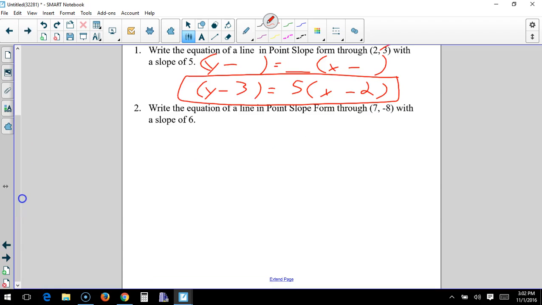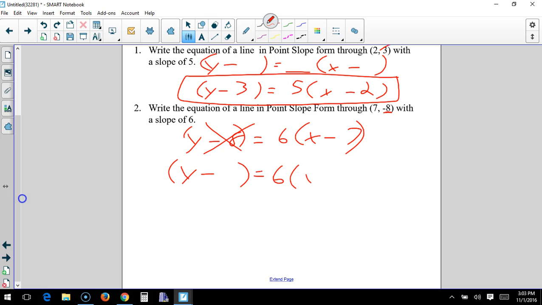Now here's why I do that. A lot of people look at this and go, hey, y minus 8 equals 6 times x minus 7. And that is incorrect. Which is why I say if you do it this way, it's easy to drop those numbers and you go, okay, here's my y term. I want to put that right in here.